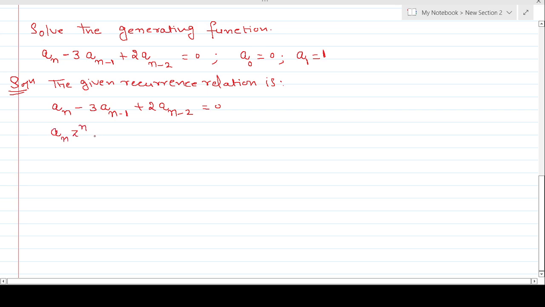So a_n into z raised to the power n, minus 3 times a_(n-1) into z raised to the power n, plus 2 times a_(n-2) into z raised to the power n equal to 0. Now in order to write it as a generating function, we need to take the summation also, n varying from 0 to infinity.